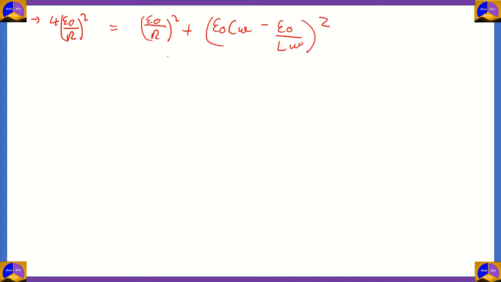When you square both sides, the left hand side is 4 times (epsilon naught by R) squared, equals (epsilon naught by R) squared plus (epsilon naught C omega minus epsilon naught divided by L omega) squared. So therefore, when you take (epsilon naught by R) squared to the left hand side, you get 4 minus 1, that is 3. So 3 times (epsilon naught divided by R) squared equals (epsilon naught C omega minus epsilon naught by L omega) squared.